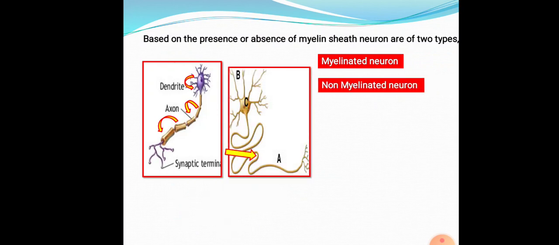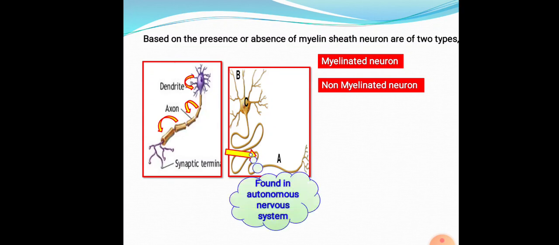If the myelin sheath is absent around the axon, then it is said to be a non-myelinated neuron. It is found in the autonomic nervous system.